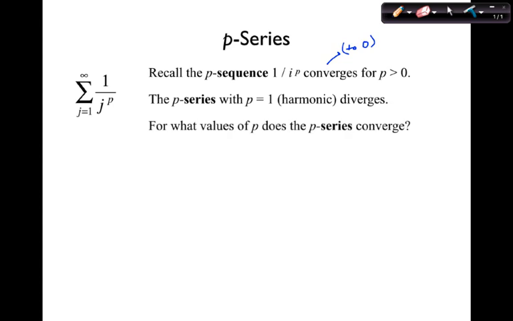So for what values of P does the P series converge? We know with 1, it diverges. So what about something like 1/2? What if P was 1/2? Why did it diverge? It's the same pattern, but at a slower pace.